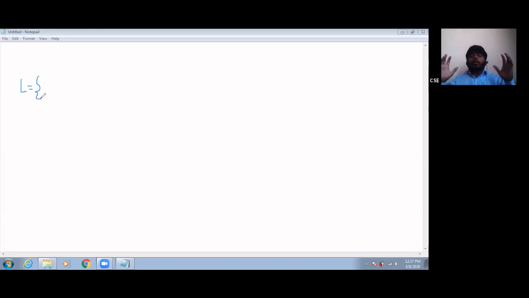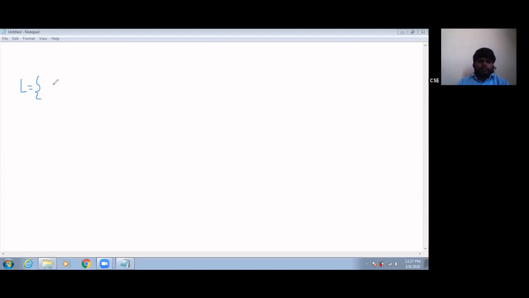Those problems we can also solve using the Turing machine. The problems which you cannot solve using the pushdown automata or the finite automata, those problems also we are going to solve using the Turing machine. That is why it is a very powerful machine.